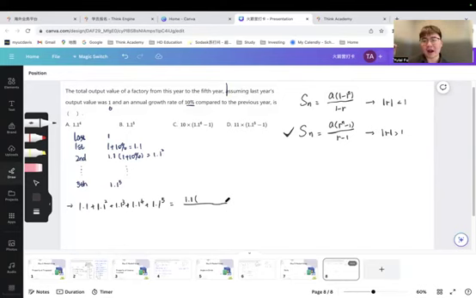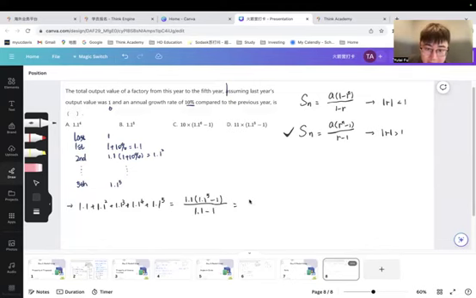R is our common ratio, which is also 1.1. And n is how many terms we have, or you can just take the last exponent, which is 5. So we have 1.1 to the power of 5 minus 1. We can copy this down. And R is the common ratio, 1.1 also, minus 1.